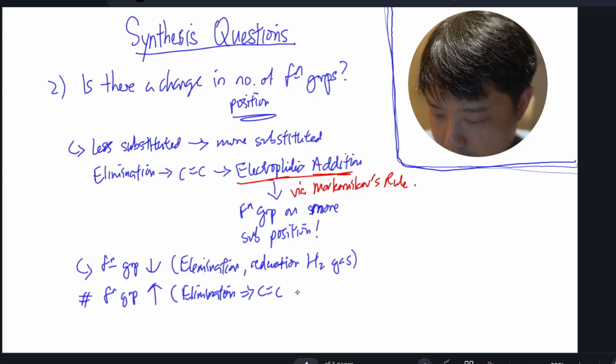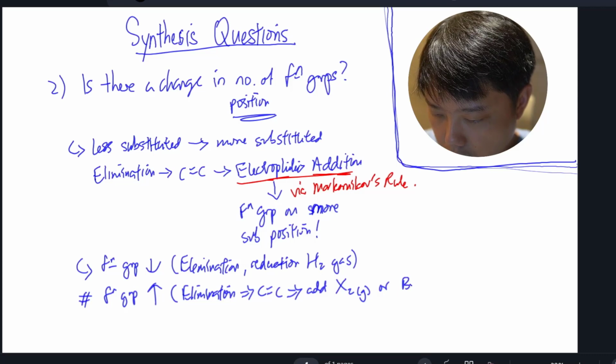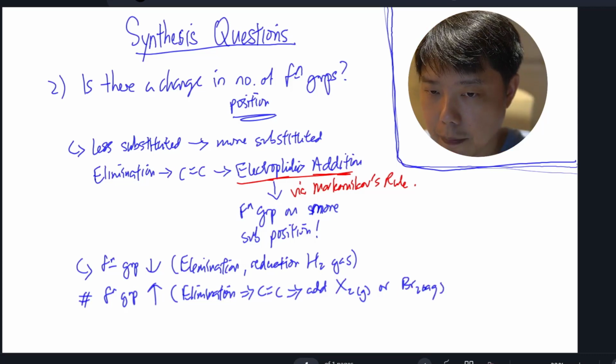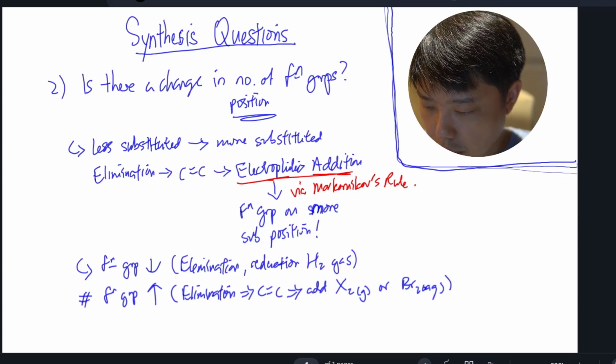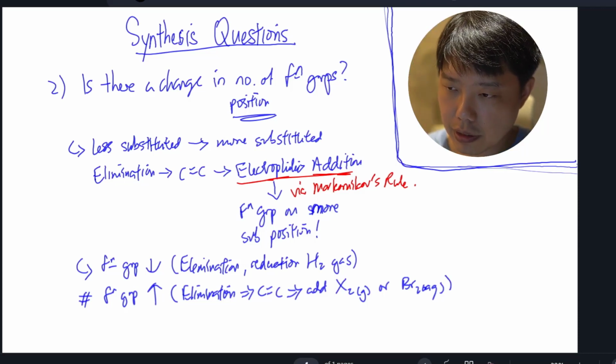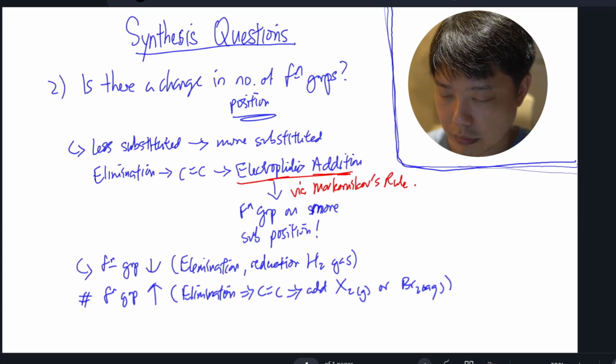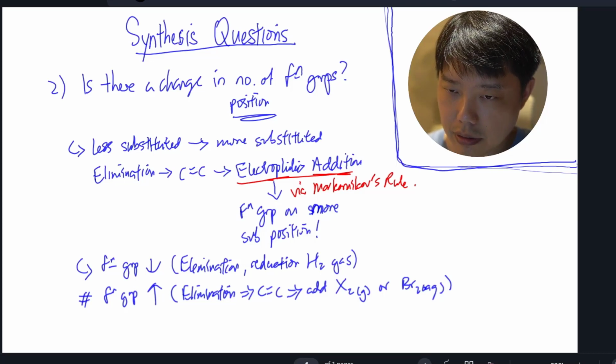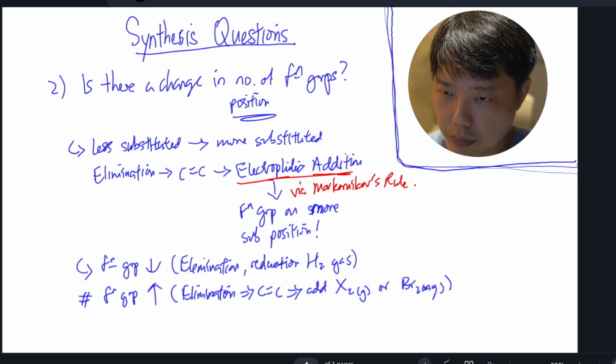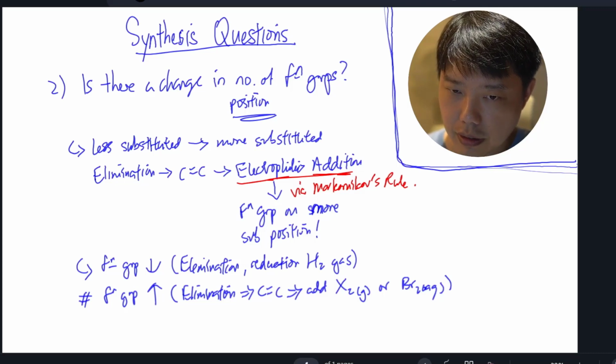And then we can add either a halogen or we can get an aqueous halogen added. Okay, so both of them will actually give either a halogen Br added, Cl added, or BrOH added, in which case you will still get two functional group.